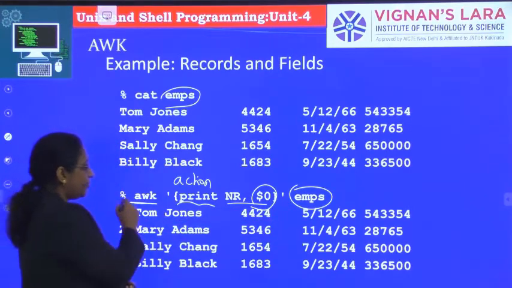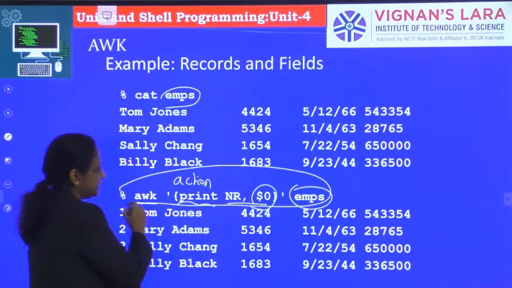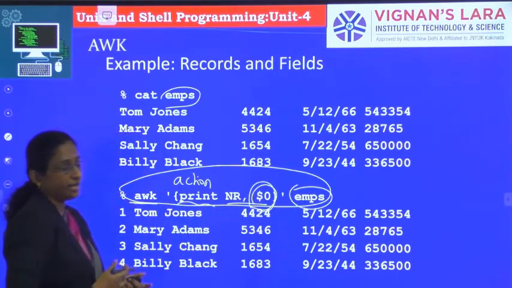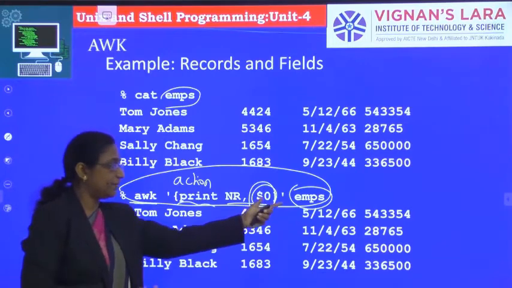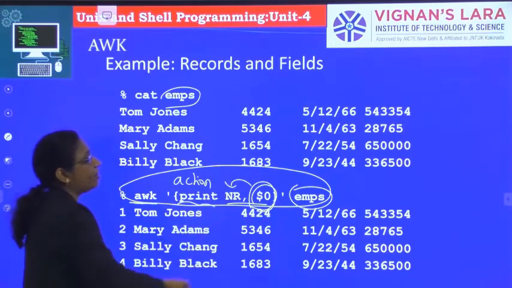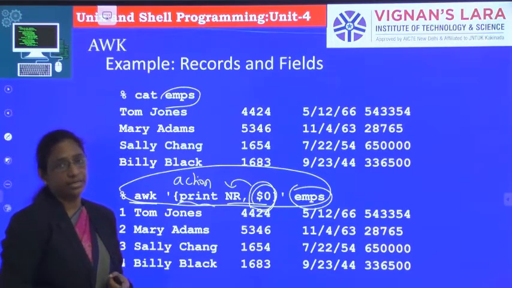The output of this is that, when you say $0, each and every line of this file is displayed along with the number of the current record.